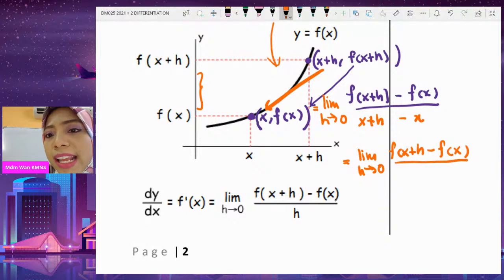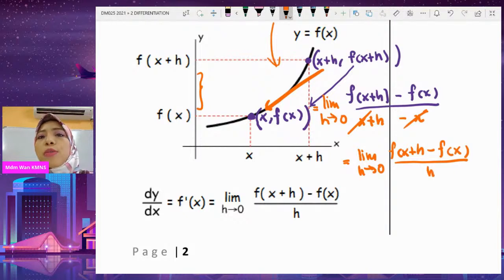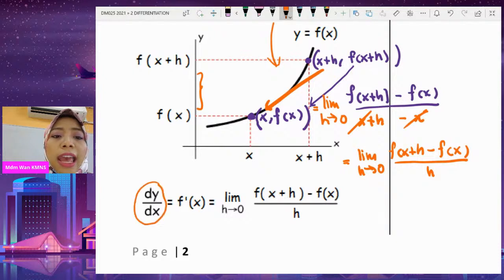Okay, over, but then x dengan x, can we cancel out? Yes. Okay, therefore it's equals to h. So that's why the formula in finding the gradient at a point kat situ, it's equivalent to limit h approaching zero when the difference is very, very small, which is close to zero.